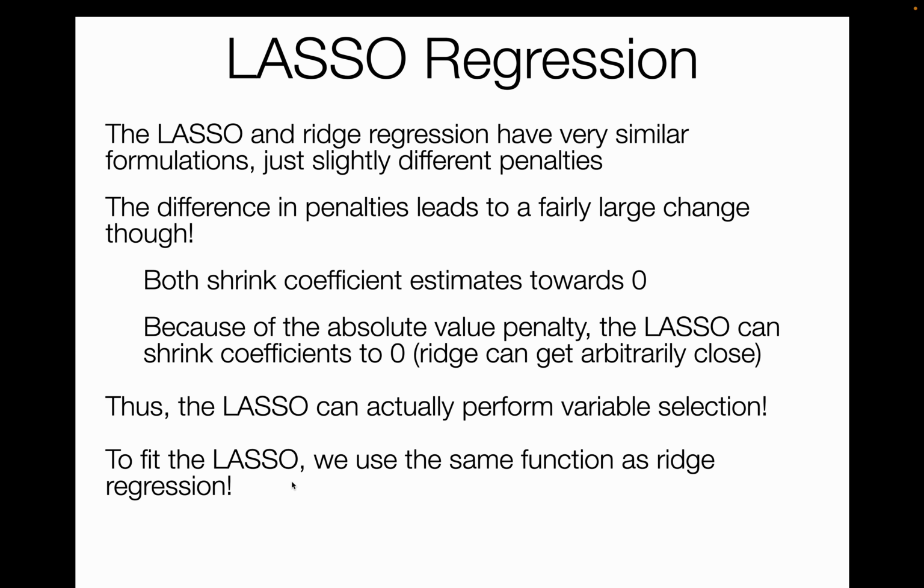Both of them shrink estimates towards 0. That's true. But because of the difference between absolute value and squared, the lasso can actually shrink a coefficient to 0. Ridge can only get arbitrarily close. The lasso can actually take out coefficients, and so in that sense, the lasso can perform variable selection.